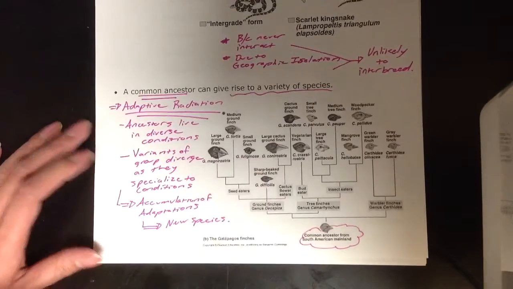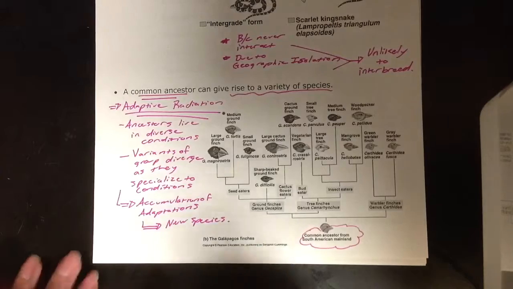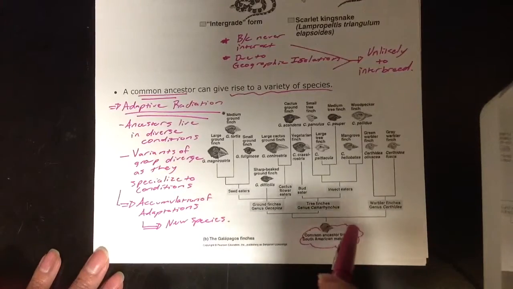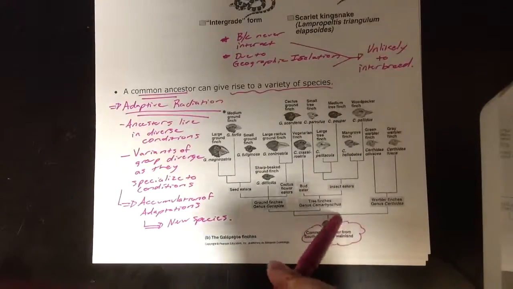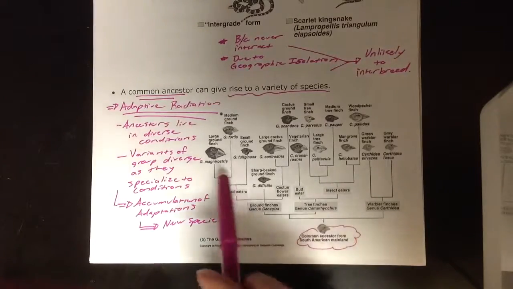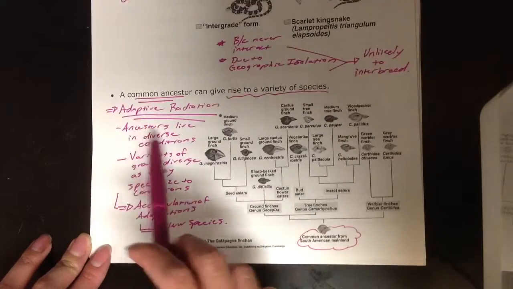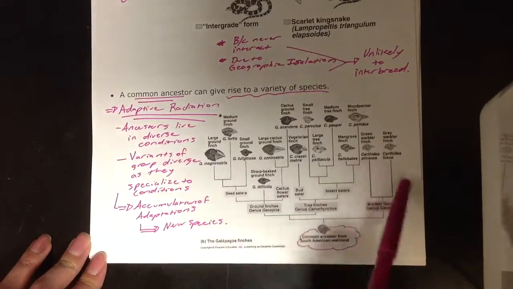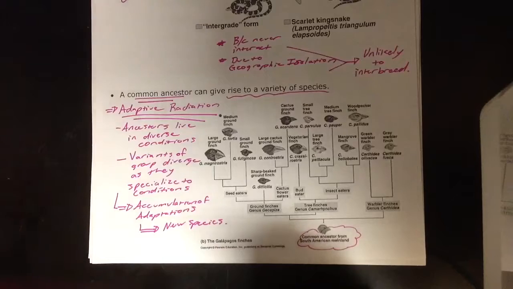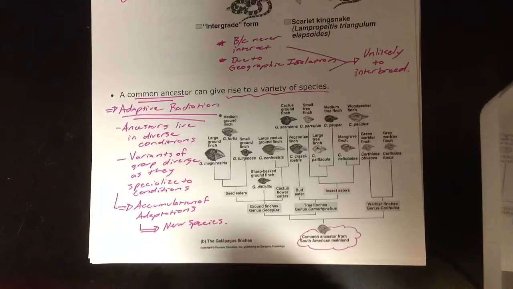So let's talk about that really quick. What does that mean? When this ancestral finch population moved into the Galapagos Islands, each area of the island had some very different conditions, mainly based on food availability, whether that be seeds or insects or other plants.